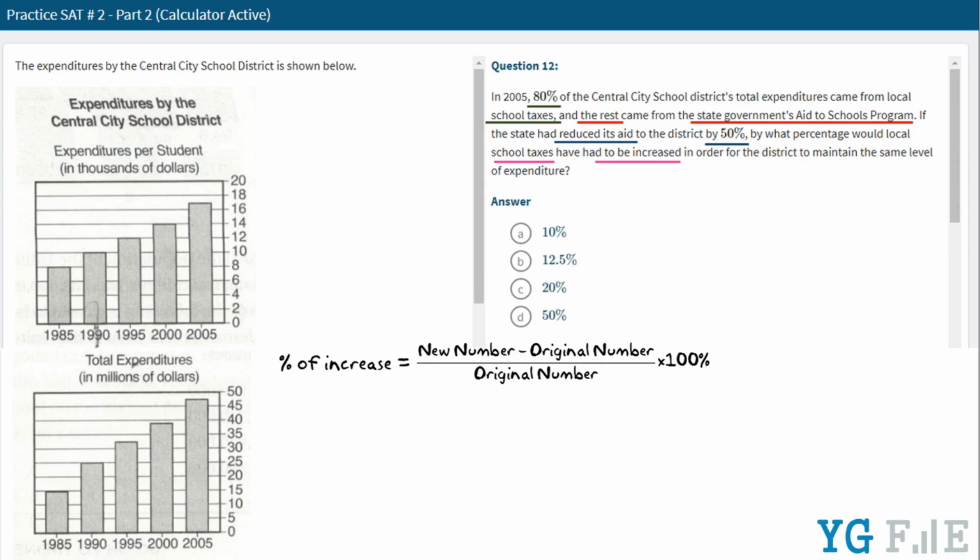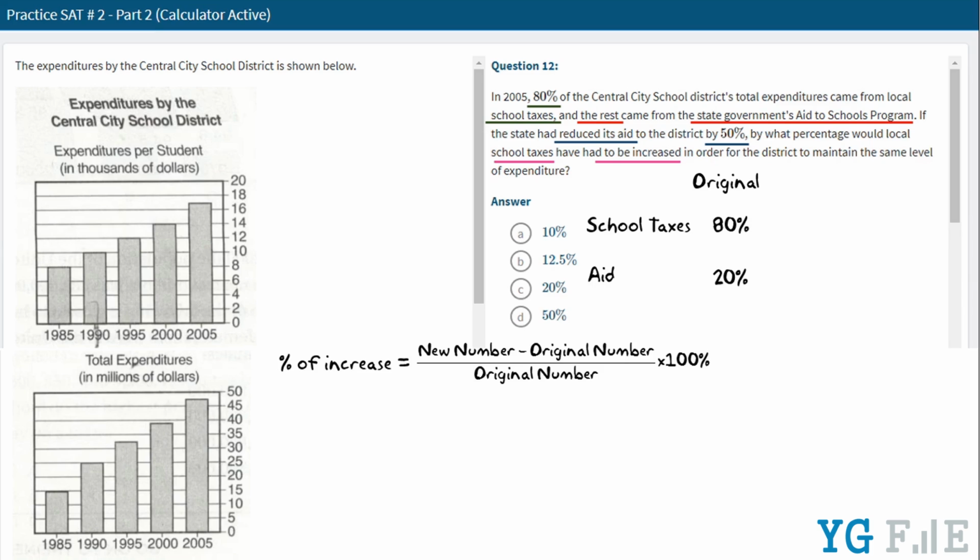The original number of school taxes has already been given in the problem. It is said that 80% of the total expenditures came from local school taxes. It means that the original school taxes is 80%, and since the rest of the total expenditures is for the aid program, the original aid program is 20%.